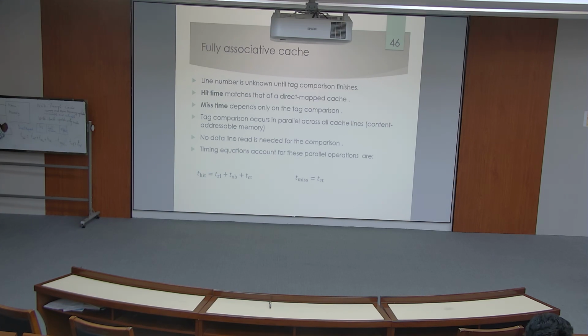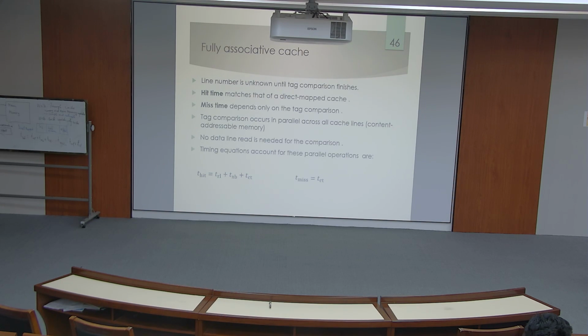The line number will be known only when the tag comparison is done. So we have a hit time which matches that of a direct map. The hit time includes the read time and the transmit time, as well as the time the system takes to compare the tag from the address from the central processing unit and the cache line's tag.